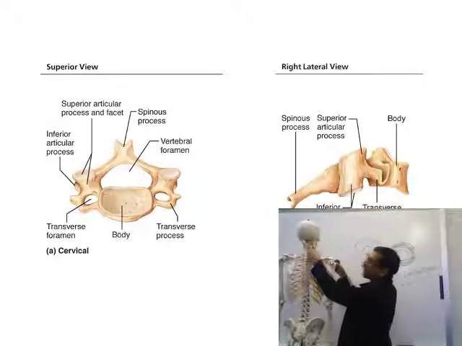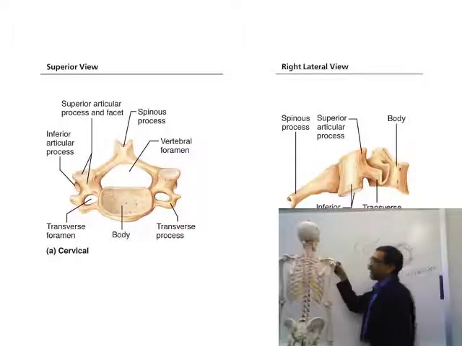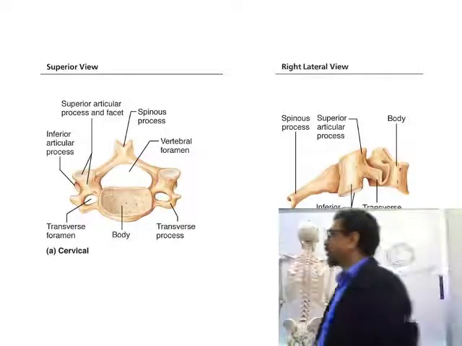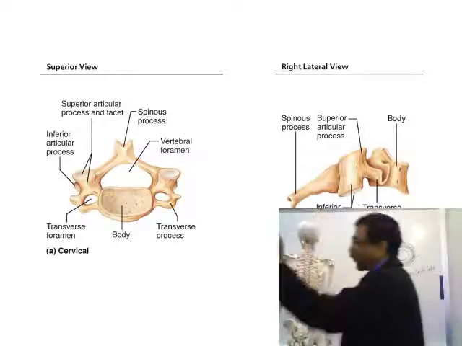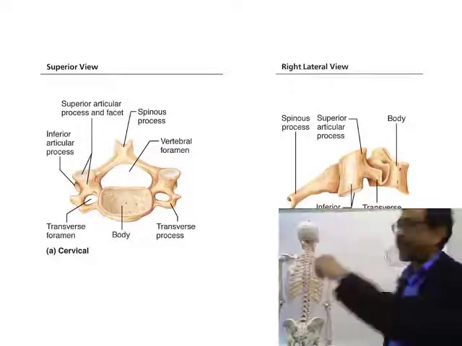You see the end of the spinous process is split, divided. So that is cervical. Makes sense? And in the transverse processes, you have transverse foramen opening. So if you see those 2 things, that is certainly a typical cervical vertebrae.